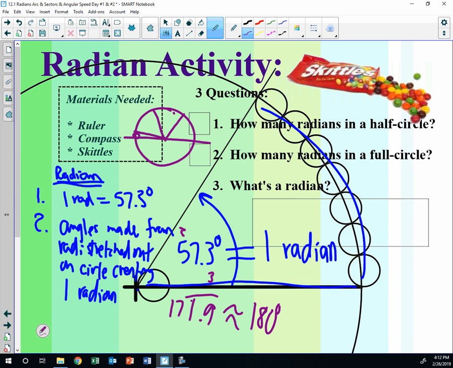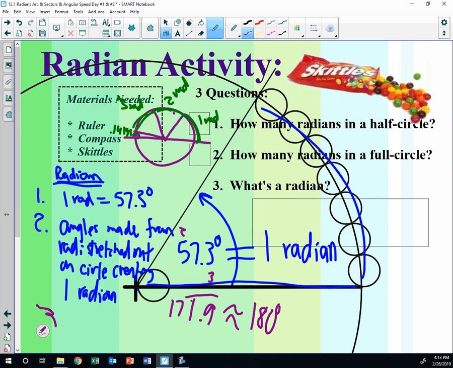And so if we count how many radians there are, here's 1 radian, here's 2 radians, here's 3 radians, 1 radius, 2 radius, 3 radius, and then there's a little bit more, and guess how much more it's going to be? Well, it's going to be 0.14159 of a radian.